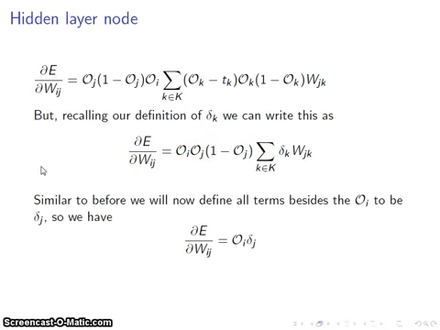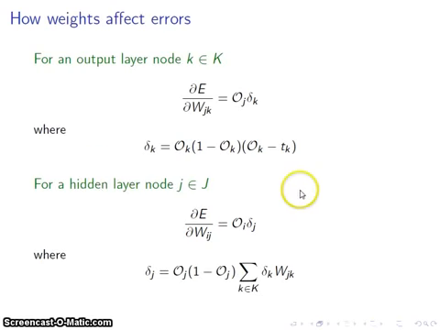So to do something similar, what I'm going to do is now define everything besides the O sub i term to be delta sub j, which if we look back at the definition of delta sub k, I defined everything that involved k, which was everything except for the output sub j term, to be delta k. So if I define all of this here to be delta sub j, which is again just a function of delta k multiplied by the weights, which is a beautiful equation, we can rewrite this as dE/dW sub ij is going to be the output of i times delta j, right?